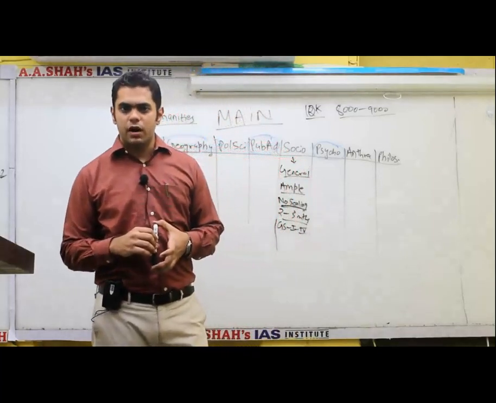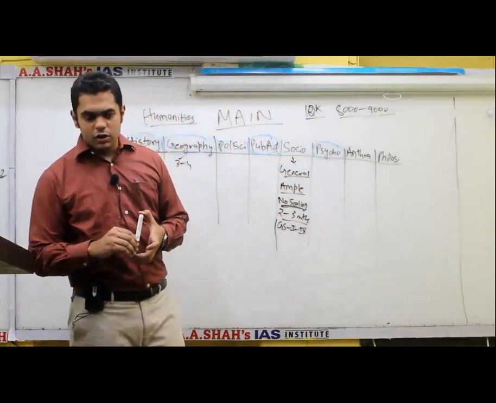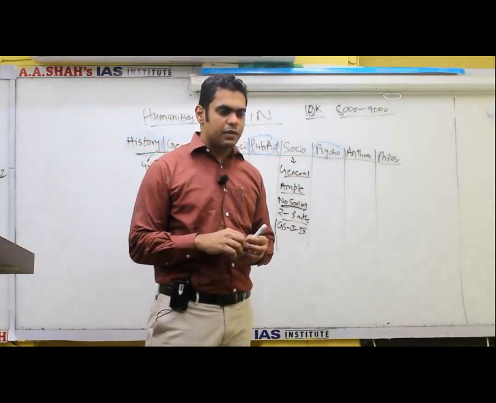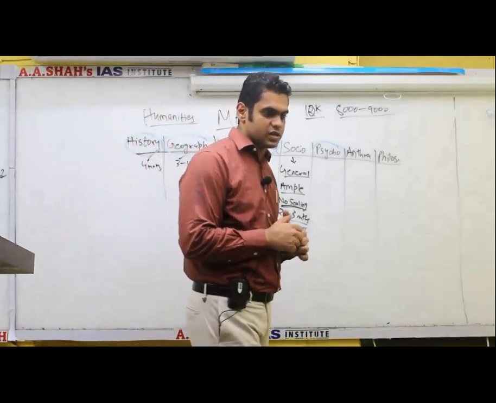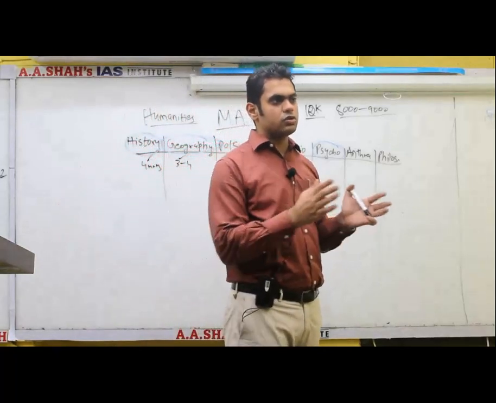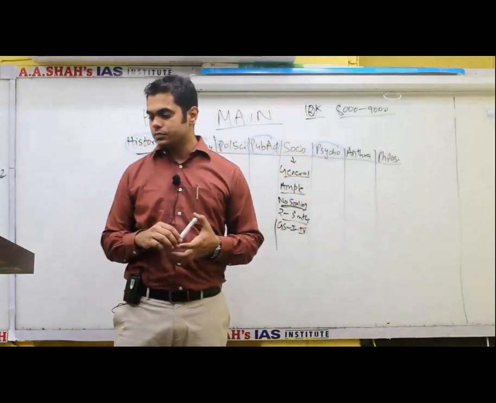These all issues are a part of your sociology syllabus. Then in GS paper 3, you have topics like liberalization of the economy, you have topics of nationalism in internal security. So these are also a part of your sociology syllabus, paper 2 of sociology syllabus.